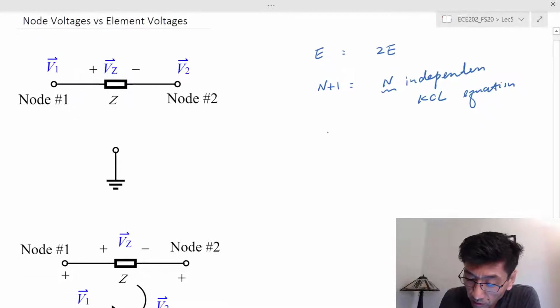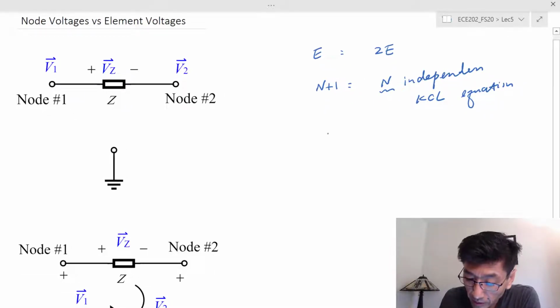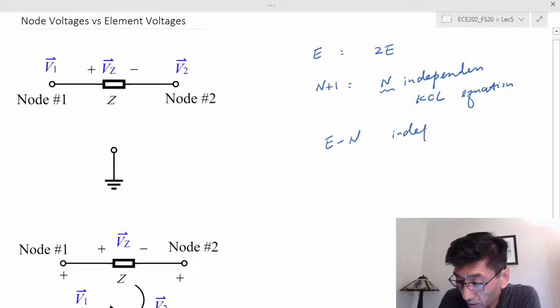And if we have mesh currents, we're going to have E minus n mesh currents, or independent meshes, and independent KVL equations.